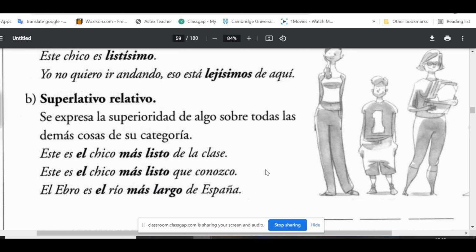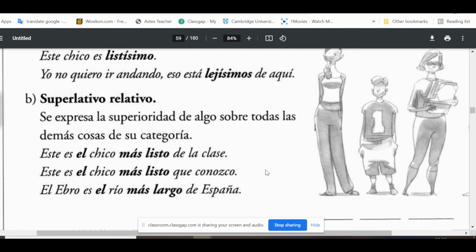One more little thing you have to be aware of is the order of the words. It's gonna be different from English. In English, you usually say the most expensive car, the most beautiful woman. In Spanish, it's gonna be the other way around. You're gonna say something like the car most expensive: el coche más caro, la mujer más guapa, el hombre más tonto.